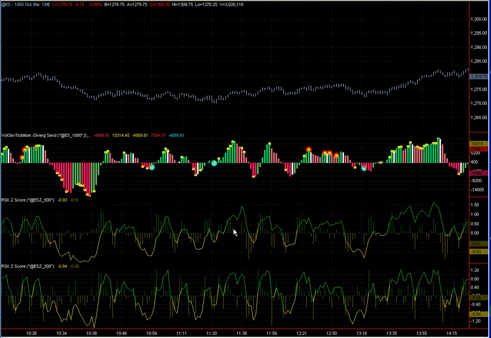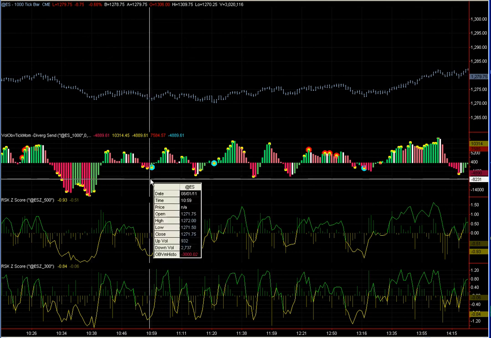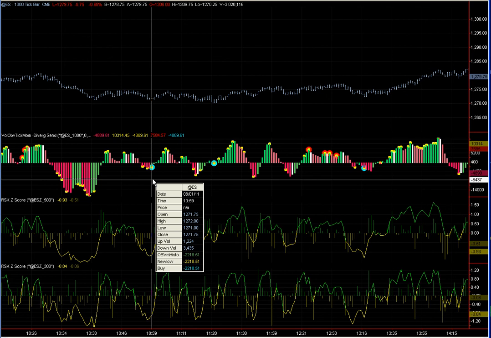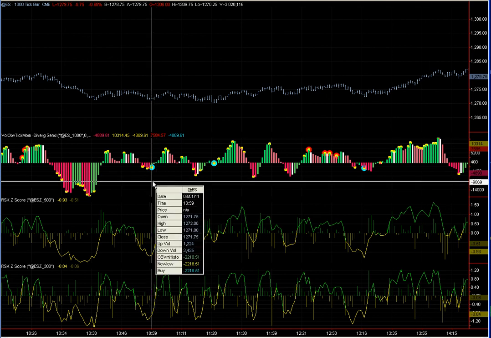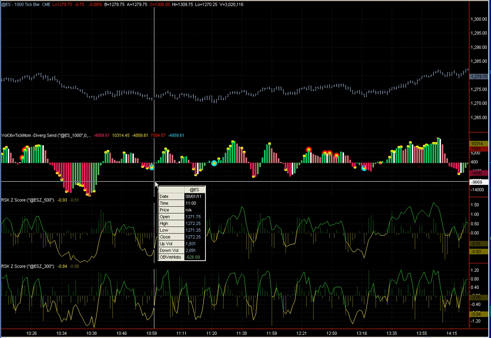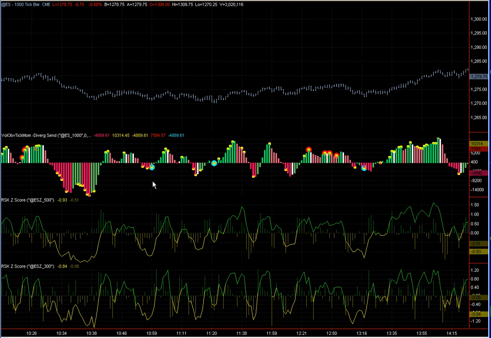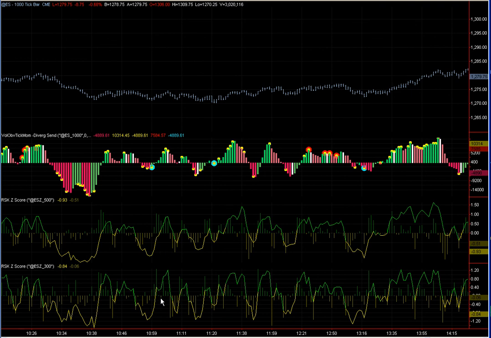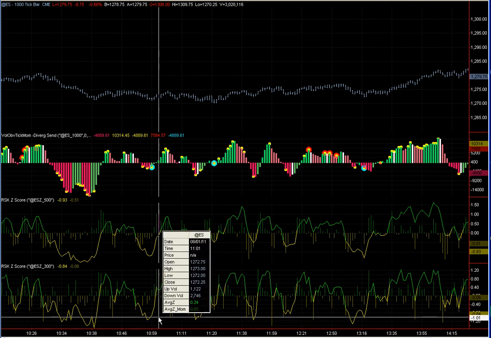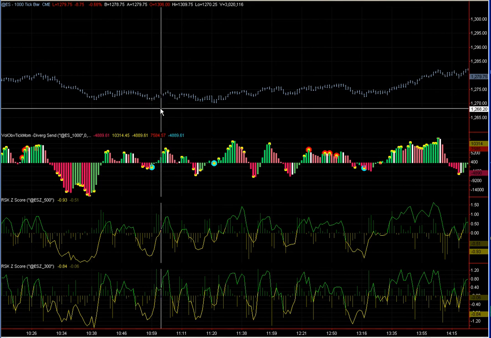If we use the zero line on the z-score as a trigger, we could say, if I've got a cyan colored bar here, followed by the z-score moving above the zero line, and I'm close to the entry price here, I may want to take a long trade. So here's your divergence. The z-score is still below zero. On this 300 tick bar, it moves above zero. We're fairly close to the entry point, so we may want to take a long trade there.